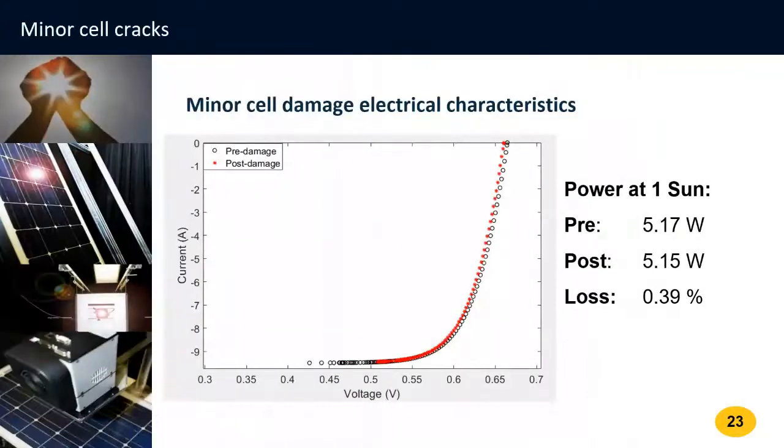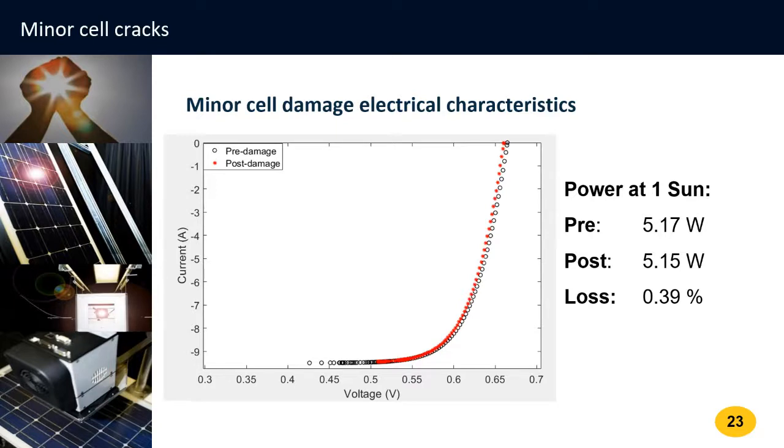Okay, so how much of an effect did this slight bit of damage to this cell cause? If you compare the electrical characteristics of the cell pre, in the black circles, and post, in the red asterisks or stars, you can see there is a minor deviation in the electrical characteristics.